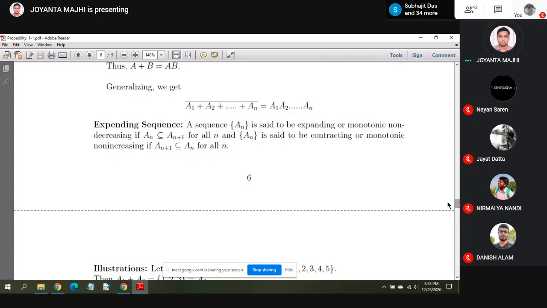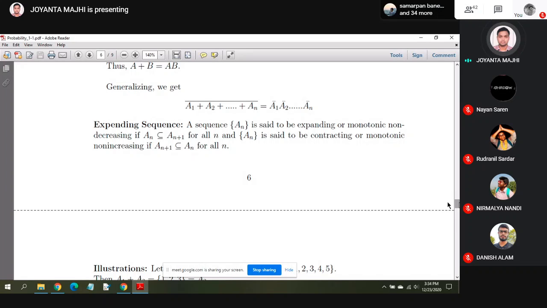For expanding, the sets become larger if n is increasing. That is, for an expanding sequence of sets, A1 is a subset of A2, a subset of A3, and so on, a subset of An.